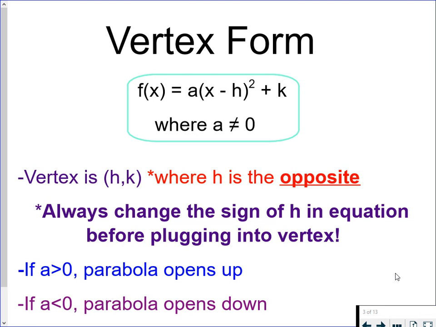If a is greater than 0, it opens up. And if a is less than 0, it opens down. Okay, so this is all the good information about the vertex form.